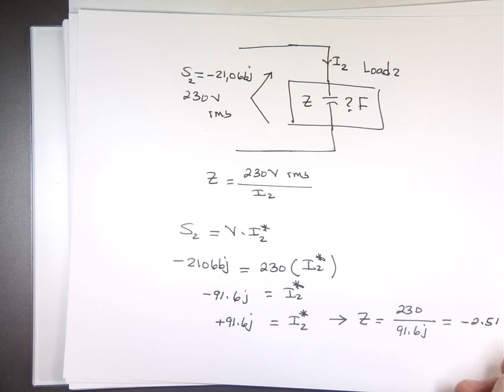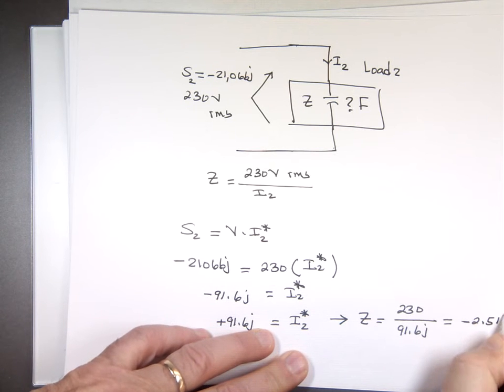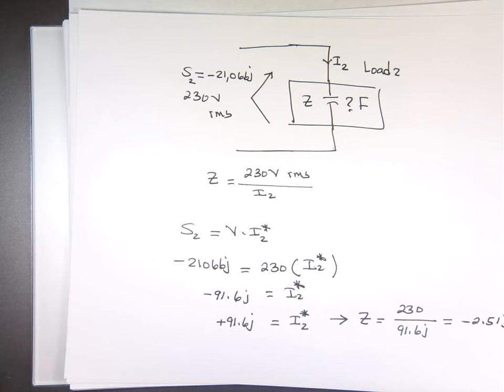Negative. And it should be a J with it, right? That's what Z is.